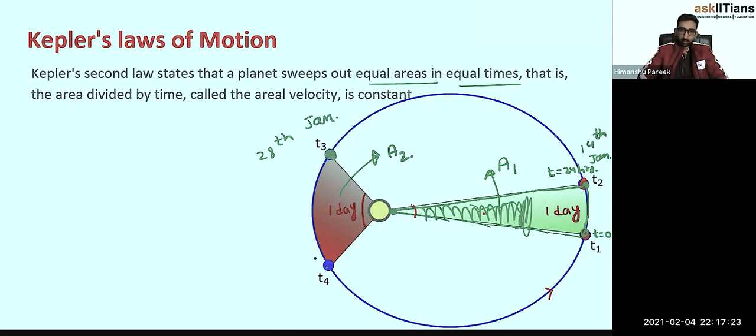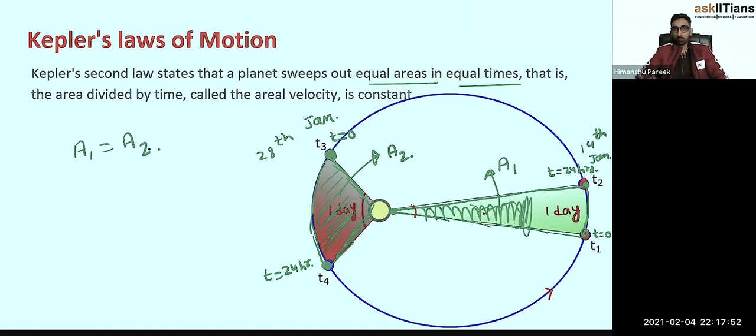This is t equal to 0 for 28th January, and this is t equal to 24 hours for 28th January. So it's again one day. In this one day, if you calculate the area covered by the planet, this shaded region, these two areas will be exactly the same.